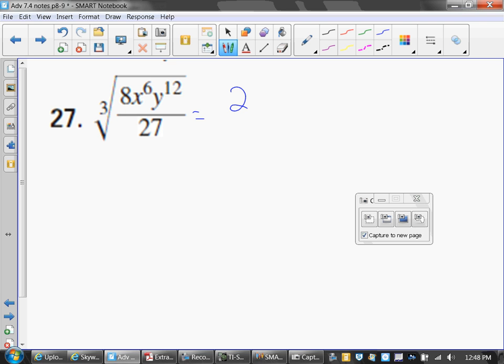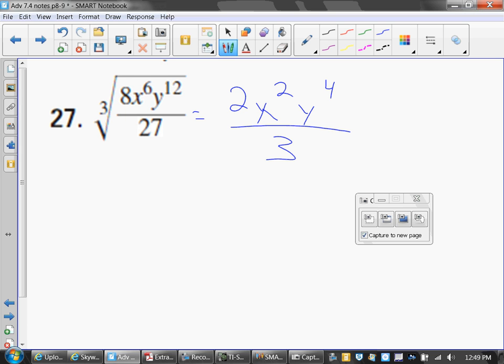How many times? Any left over? 3 goes into 12. How many times? Any left over? And what's the cube root of 27? That's the easy one. Yeah, the other one isn't fun.